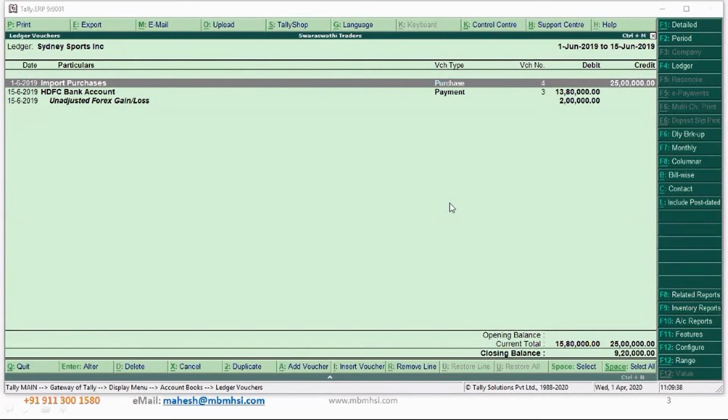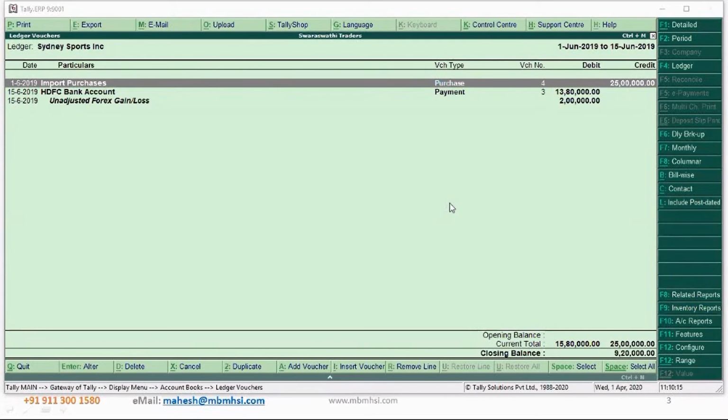Always gain or loss is calculated on the total value that is payable, total purchase value, at the last closing rate. As of today, as we understand in Tally, the current closing rate is 23 rupees. And the total purchase value is $1 lakh.